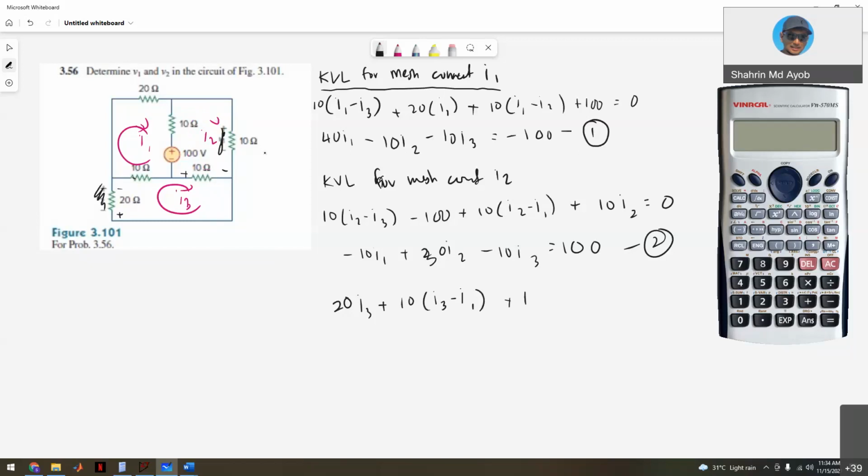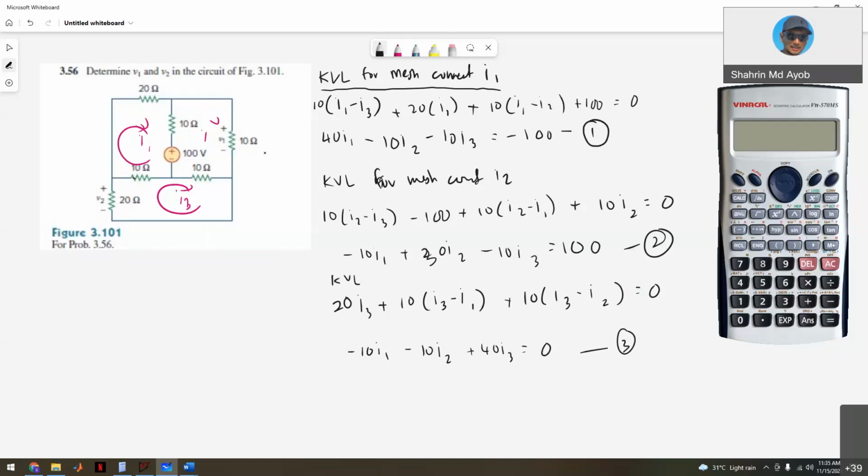So 10 I3 minus I2 equal to 0. Okay, and then we rearrange this one. I will obtain negative 10 I1, negative 10 I2, and then 40 I3 equal to 0. So this is my third equation.